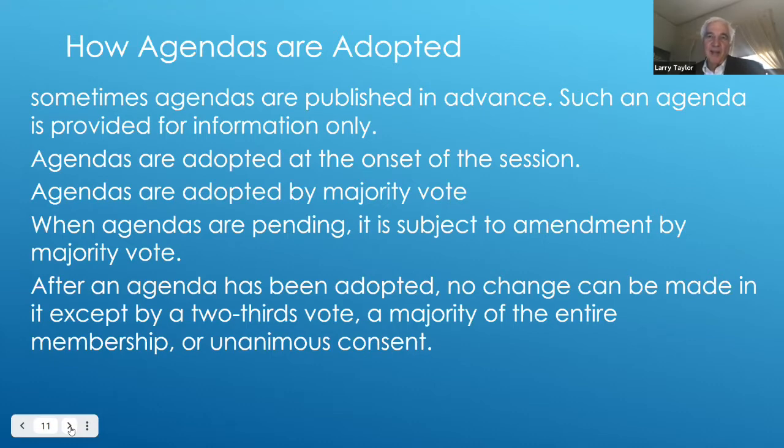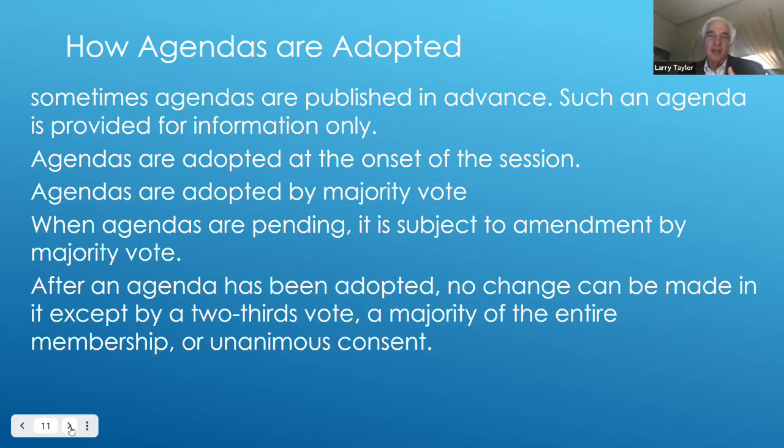But in its basic form, sometimes agendas are published in advance, and such an agenda is provided for information only. So you might have an idea about what you're going to do in a meeting, and to be courteous to the membership, you've published that. But it's not until you get into the meeting and you present the actual agenda for adoption that it becomes what you're going to do.